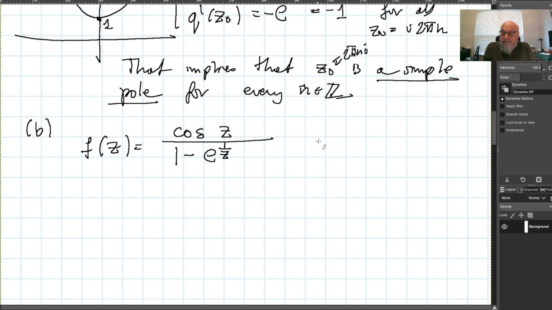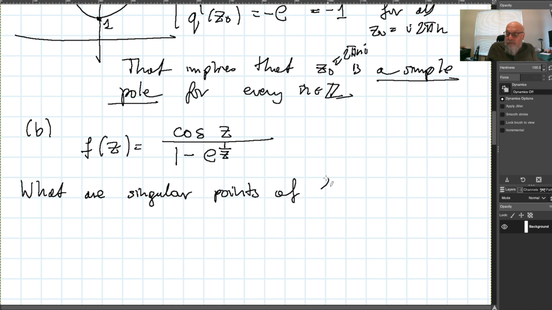Notice that, what are the singular points of f of z? It's clear.